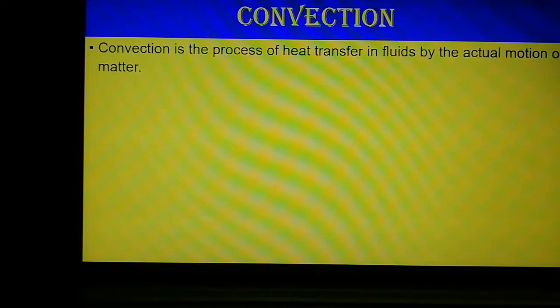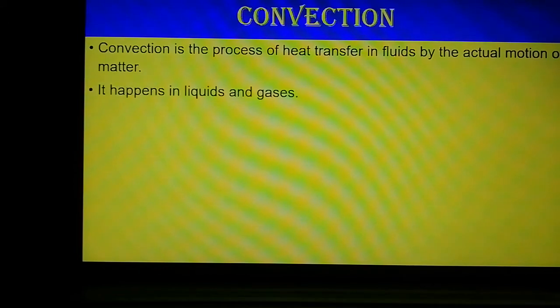So let us recapitulate. Convection is a mode of transfer of heat influenced by the actual motion of matter, right? When we saw that the water in the pan, actually the molecules of water had moved, unlike in conduction, isn't it? And it happens in liquids and gases, right?